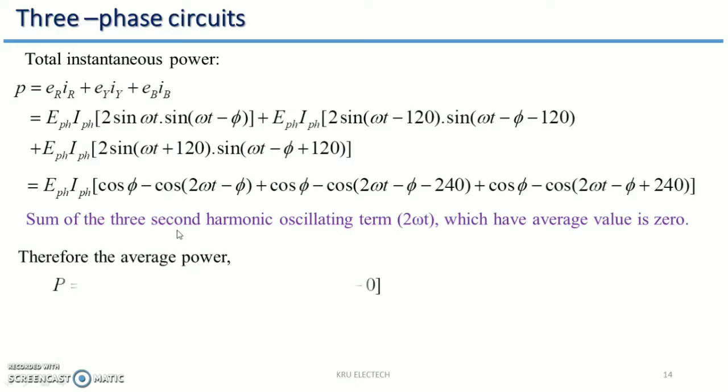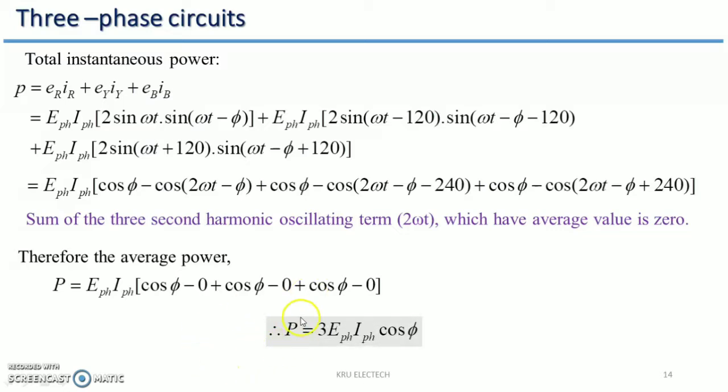Therefore the average power, with phi there only, is cos phi plus cos phi plus cos phi. So the resultant power in the three-phase system is 3 E phase I phase cos phi.